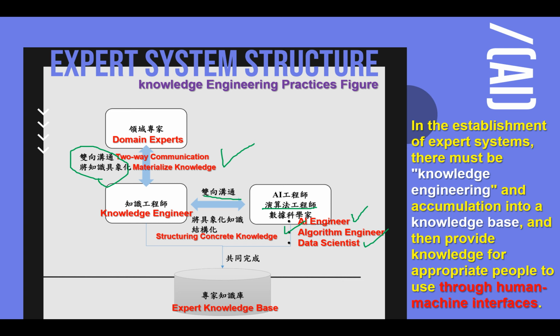That means two-way communication to materialize the knowledge. And after that, the knowledge engineering with three kinds of AI engineer, algorithm engineer, and the data scientists, they will integrate, 共同完成 is integrate to accomplish, the expert knowledge base.